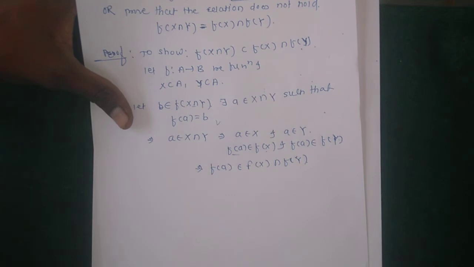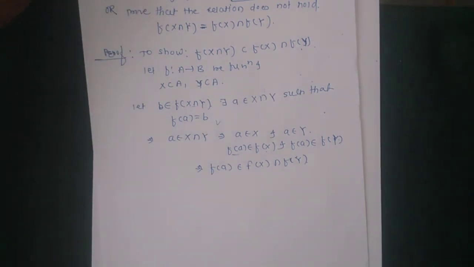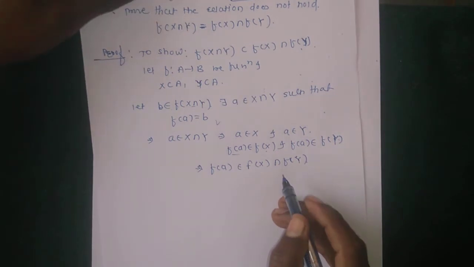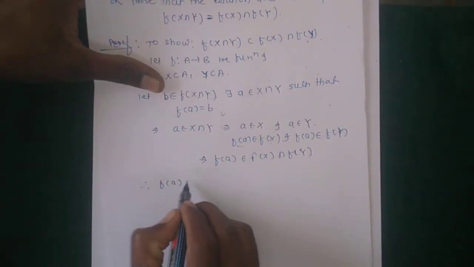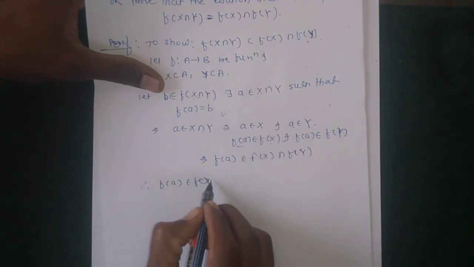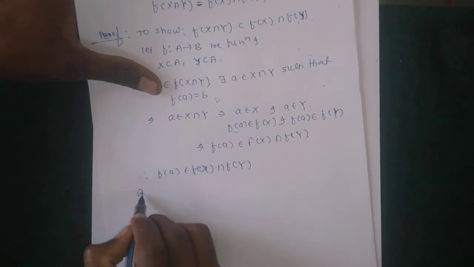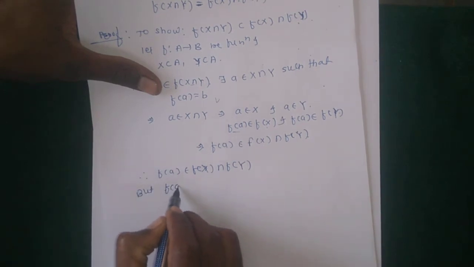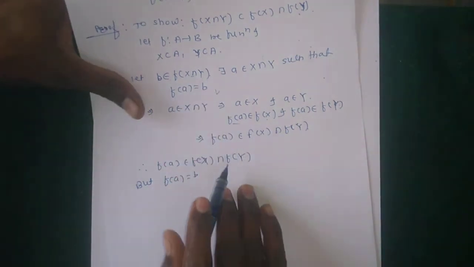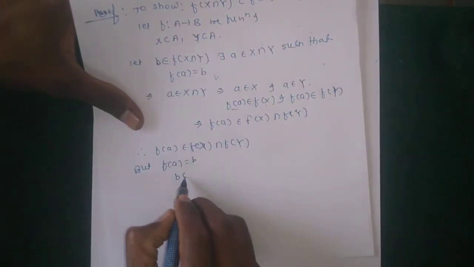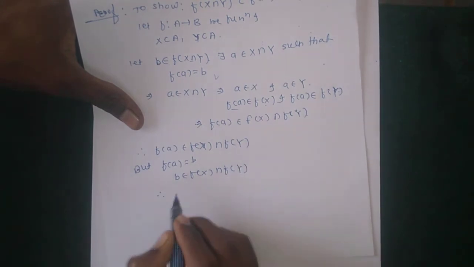Therefore f of a belongs to f of x intersection f of y. But f of a is equal to b, and this element is an element of f of x intersection y, which implies that b belongs to f of x intersection f of y.